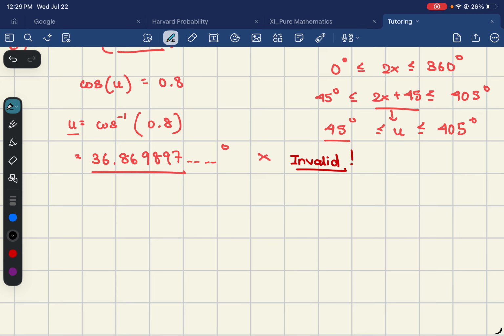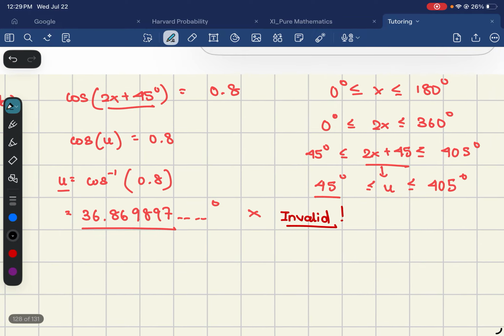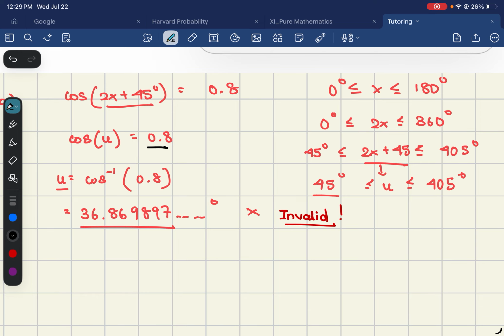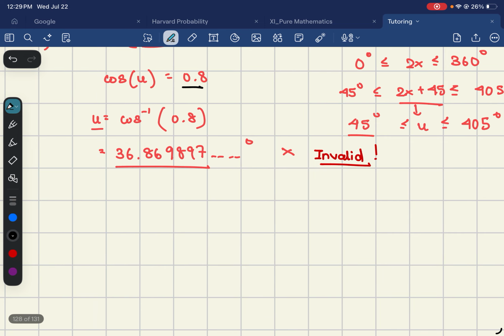Well, when else is cosine positive? Cosine is positive in the first quadrant. Cosine u was positive. It's also positive in the fourth quadrant. All right, so we need to go to the fourth quadrant. And if you know your acute angle, the other angle, 360 minus this acute angle, should also give you an angle in the fourth quadrant that works.